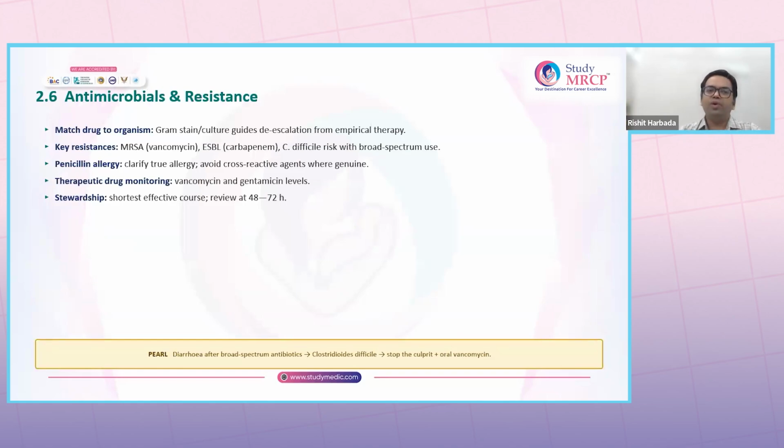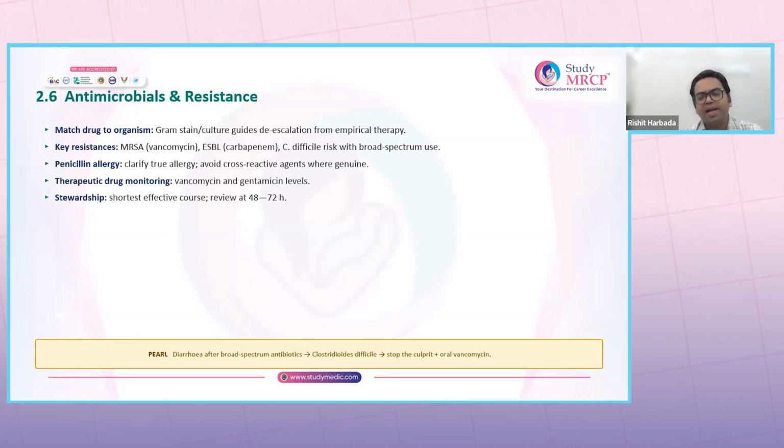Now moving further, we are going to read about what is antibiotic resistance and what are the empirical antibiotics which we have to actually study. Normally, if you have an infection and you get a case, you first have to give an empirical antibiotic depending upon what it is.